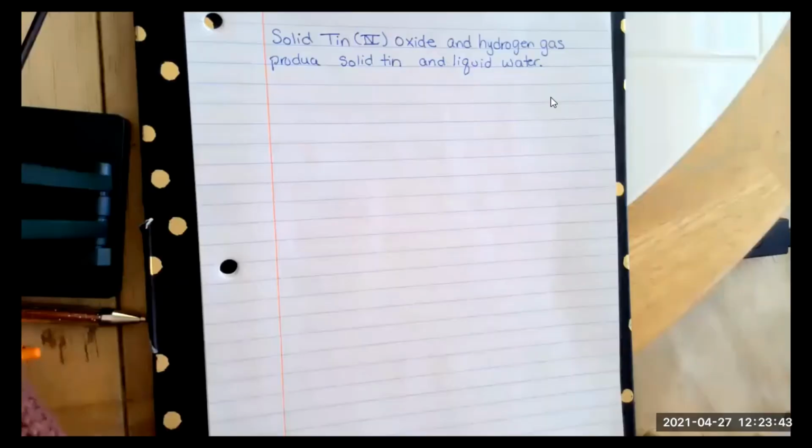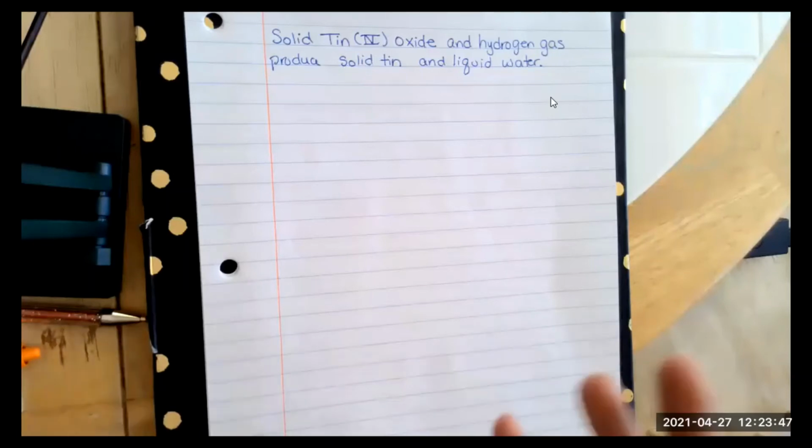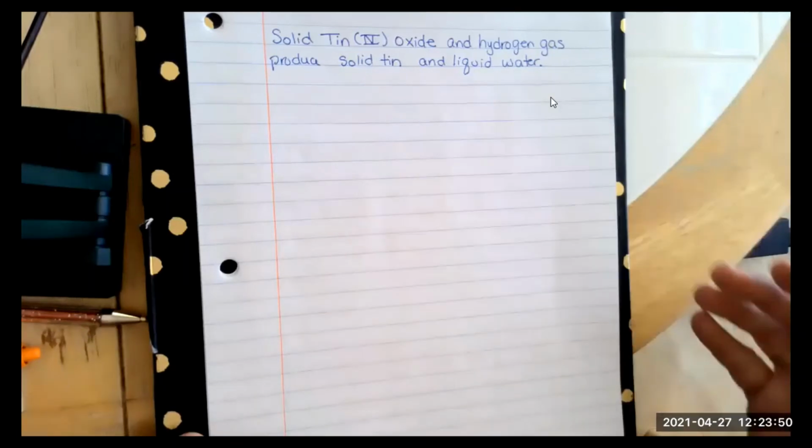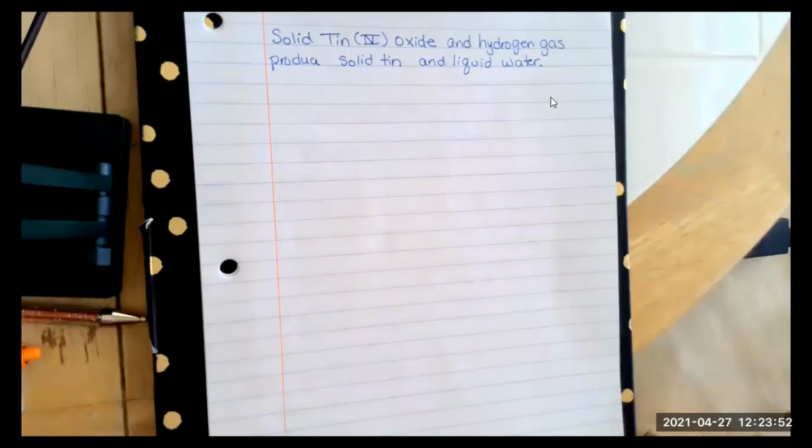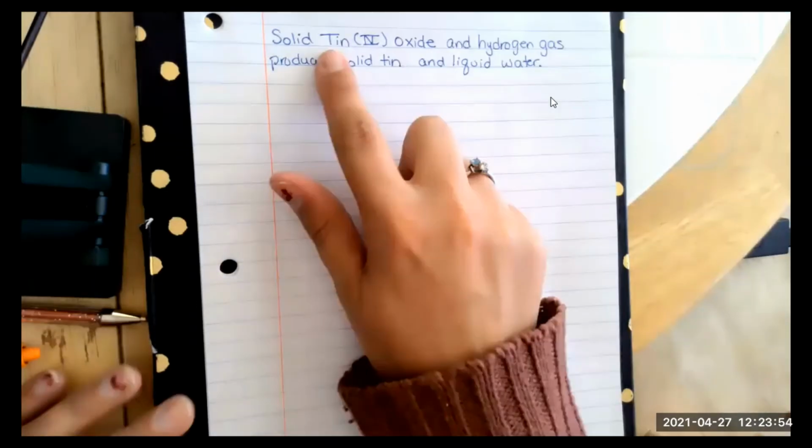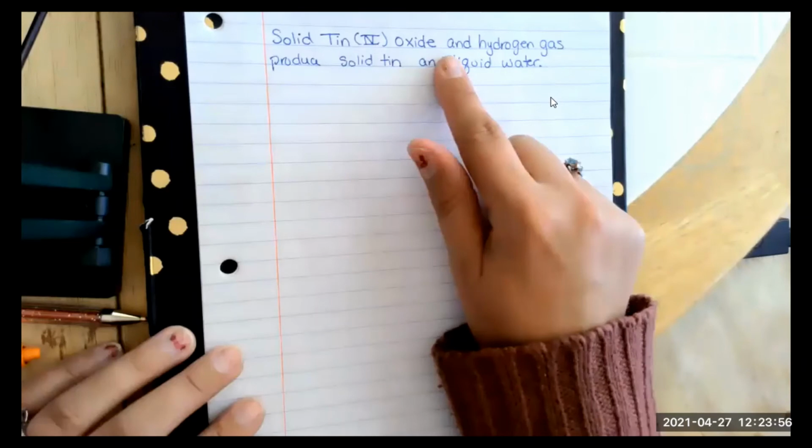Okay, let's do another example for going from written to word, word to skeleton, skeleton to balanced. Solid tin 4 oxide and hydrogen gas produce solid tin and liquid water.